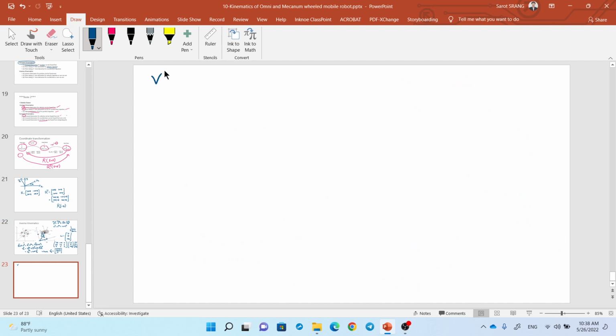Okay, so now VP equals VOB here on the body frame plus omega cross L cosine alpha, L sine alpha, and 0. Maybe I just keep S there.